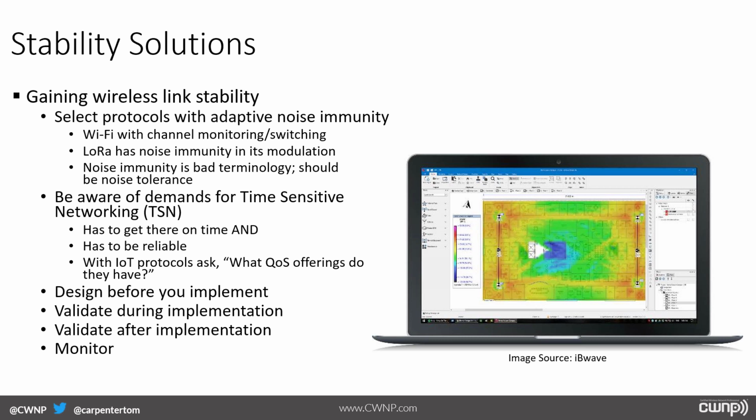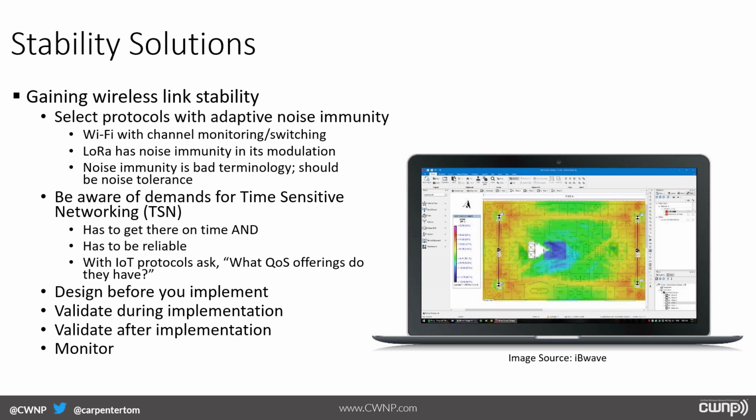And therefore it has to be reliable too, right? So if it's time sensitive, I need to get it there within a time and with synchronized time. And therefore the network has to be there. That's the first requirement. So there's reliability, but also the network has to be there for me. In other words, if I'm the communicating device, it has to be there for me.